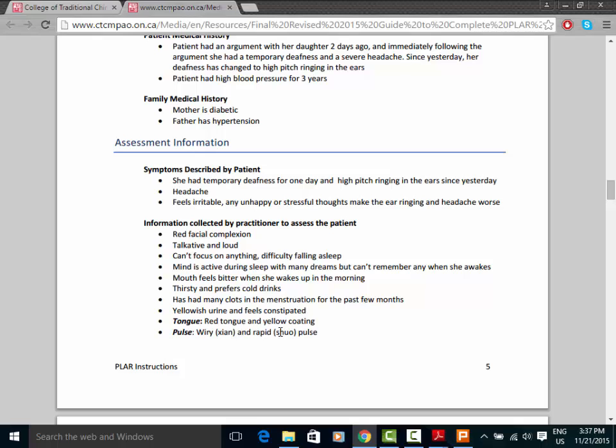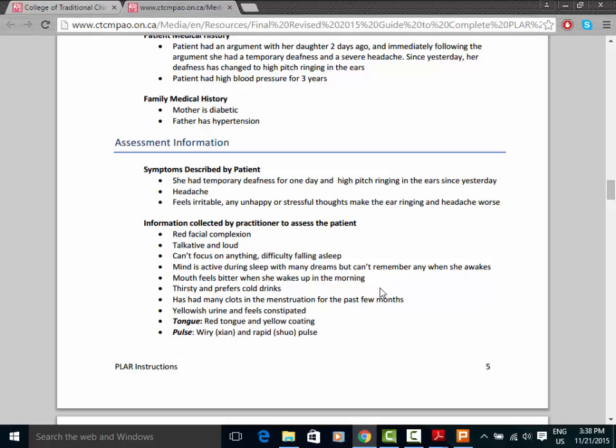You just said that this thing happened to her a few months before she had this episode, right? What happened a few months before her episode? The clots in menstruation that she had for a few months, and nothing for 1 day, say something. Okay, so that temporary thing is something that happened after this. Yes, and? So this thing is the predisposing factor. This is what led to that.